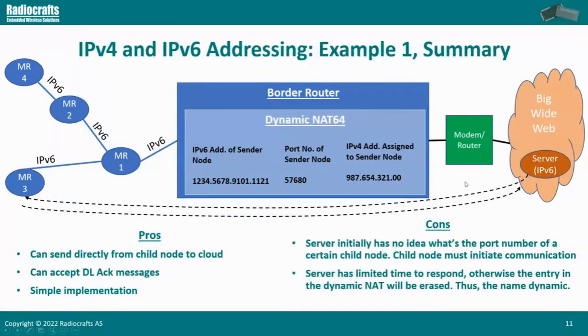Any more time than that, this entry will be erased, and that port number will not be valid anymore. And of course, this is just an example port number of what it can be. All right, so this was the dynamic NAT. I hope that was kind of simple.